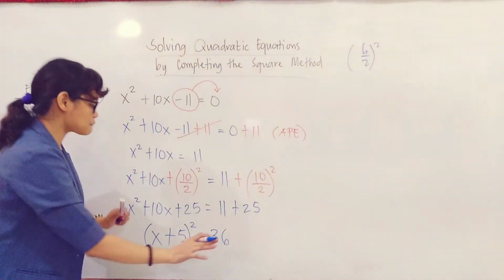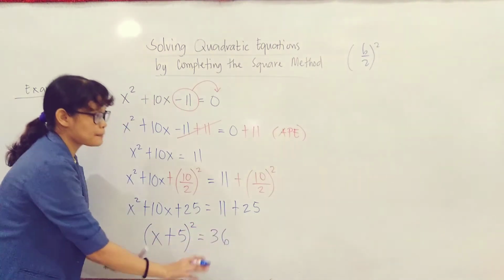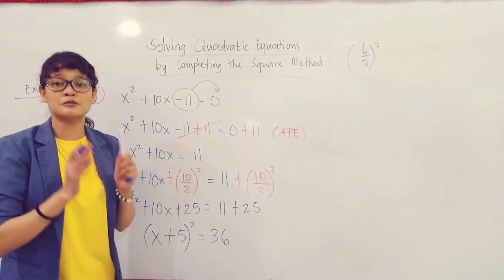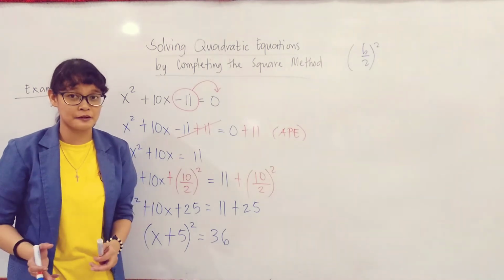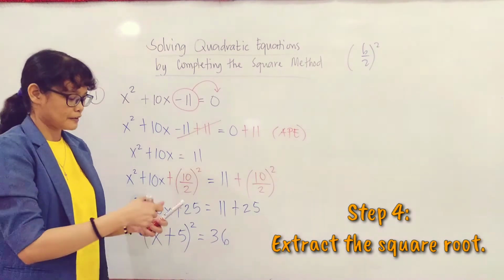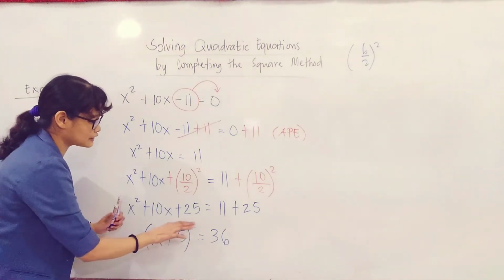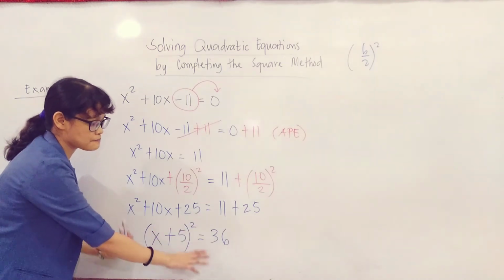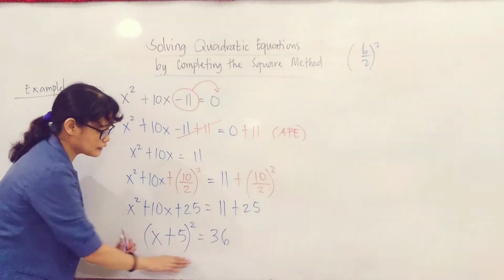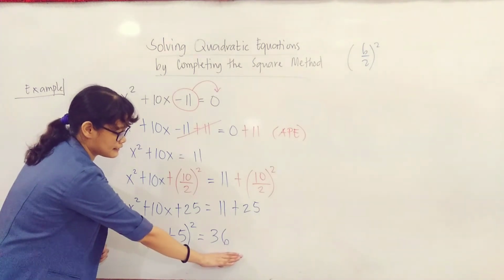Not yet. Dito lang magtatapos ang completing the square method. Pagdating dito, papasok na ang concept ni square root property method. Ibig sabihin, take the square root netong factor form which is squaring of binomial at itong number na nandito.